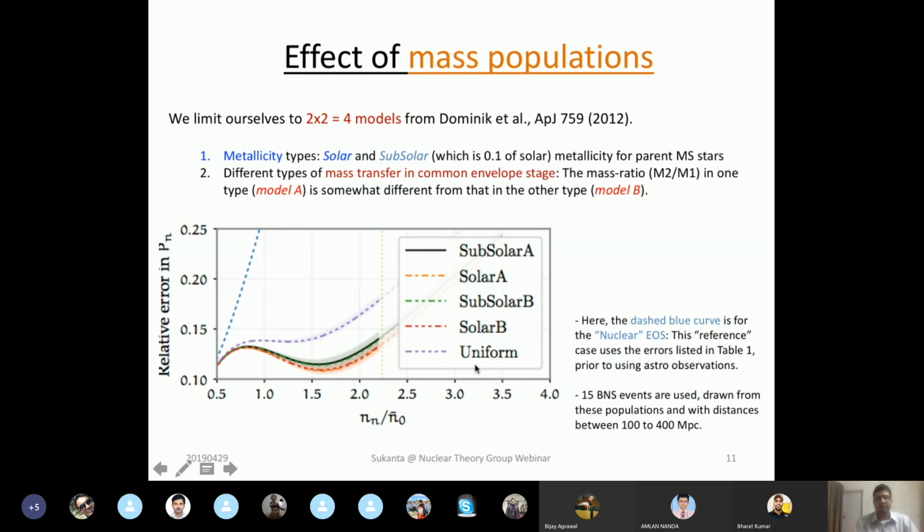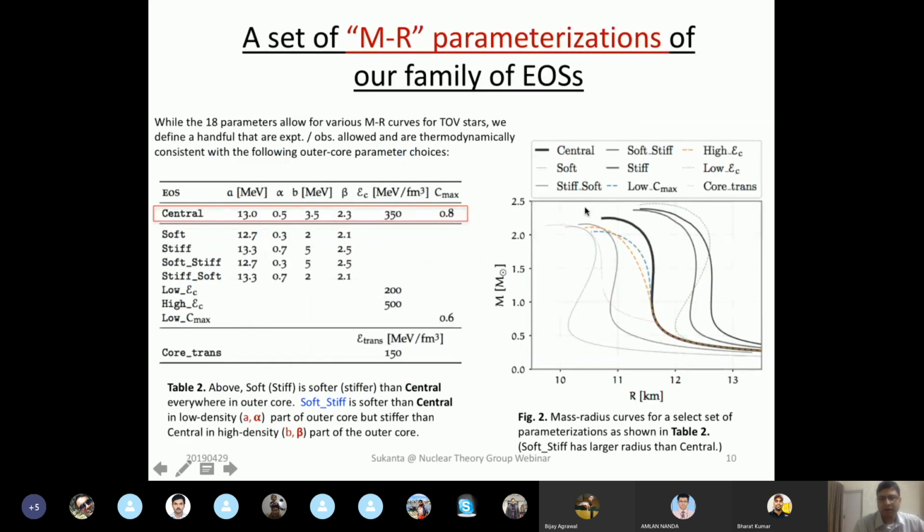We also have a uniform mass distribution, where M1 and M2 have uniform values between 1 and 2 solar masses. For these different populations, we'll be sampling different parts of this MR curve.